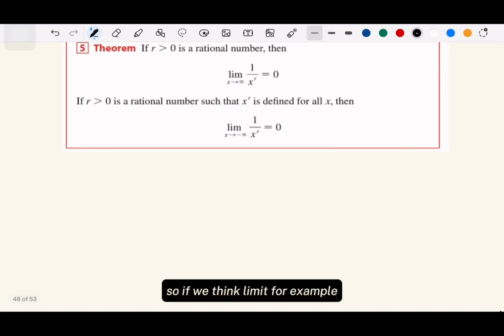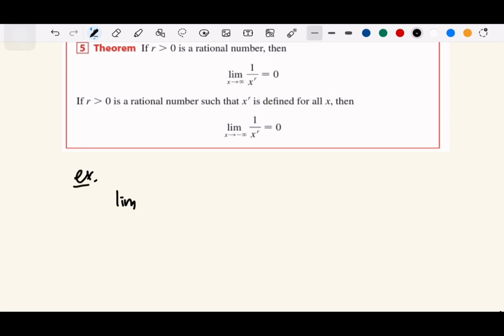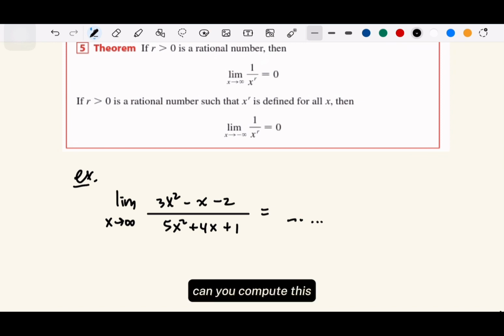So if we take a limit, for example, can you compute this?